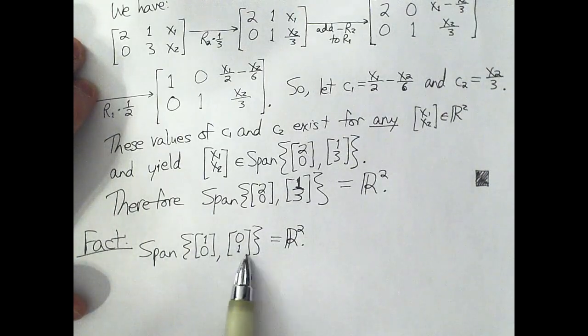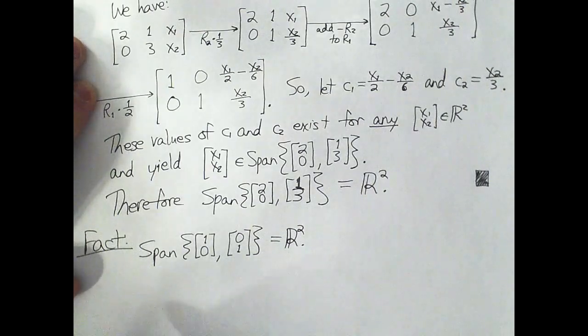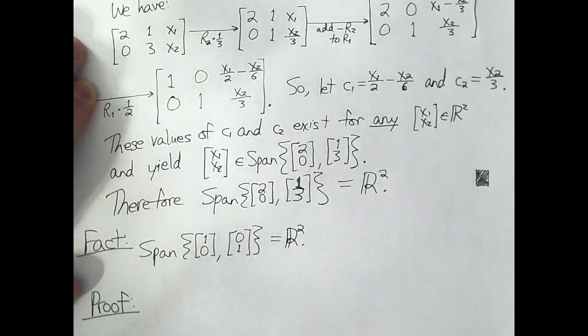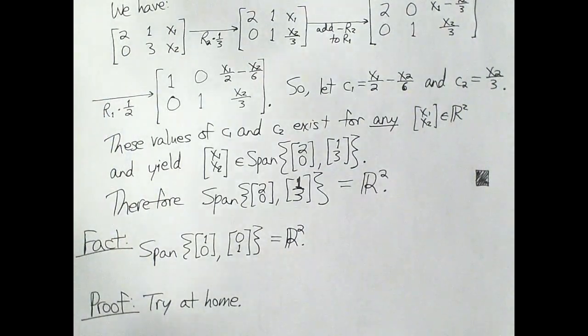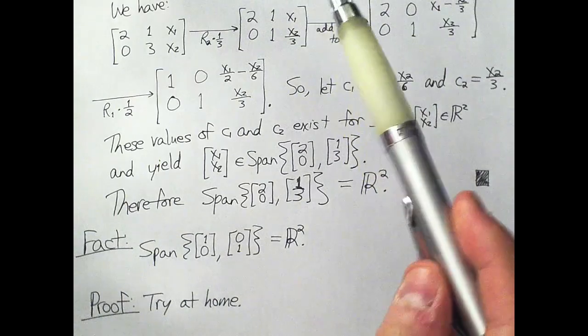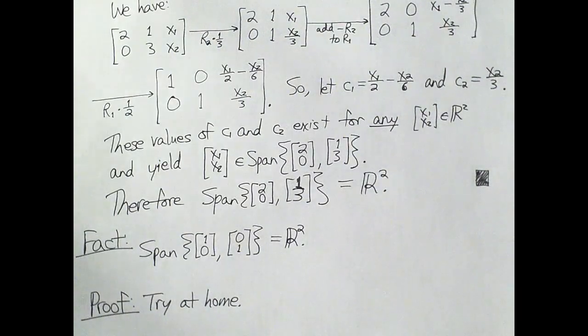Span of these two vectors equals R2. We could prove this in a similar way. And for the proof of this, I'm going to say, try at home. Try that on your own time. That would be good to do for practice. You could do a similar strategy to what we did up here. It might work out even nicer because you don't have the 2s and 3s to worry about.